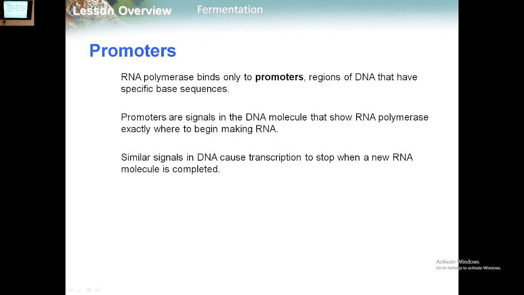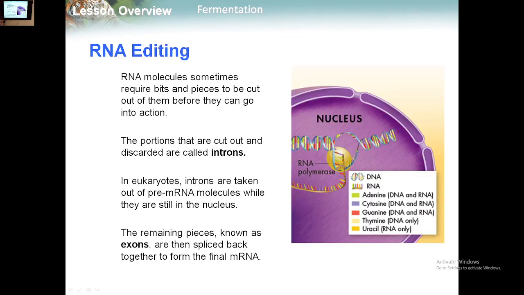Similar signals in the DNA cause transcription to stop when a new RNA molecule is completed. So we have different signals to stop the transcription, okay? After the copying of the mRNA, we need to edit the RNA because the newly formed RNA is composed of two units, introns and exons.